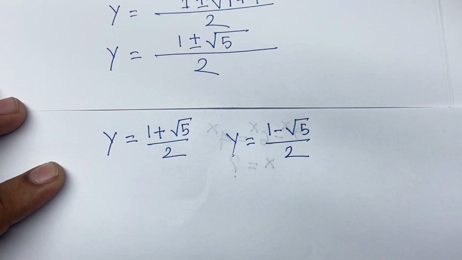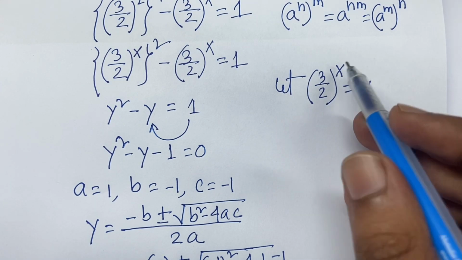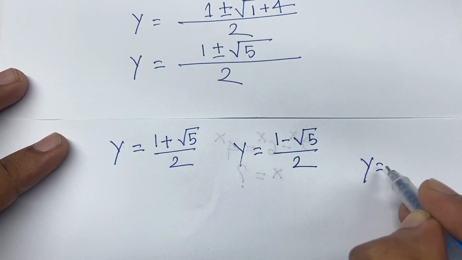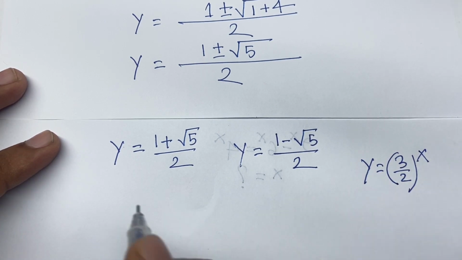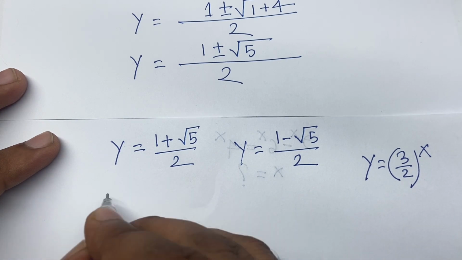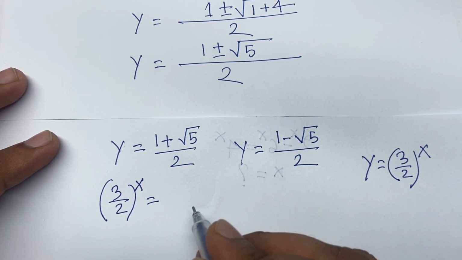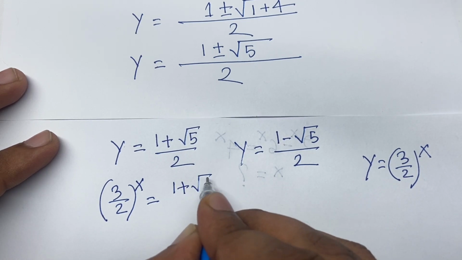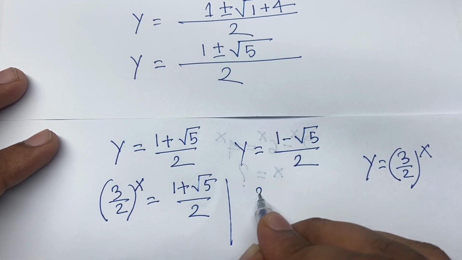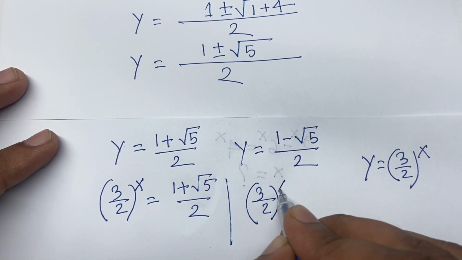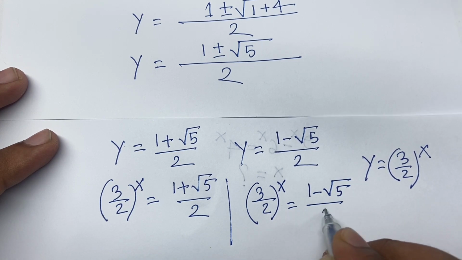Now remember that y is equal to (3 over 2)^x. So (3 over 2)^x is equal to (1 plus square root 5) over 2, and (3 over 2)^x is equal to (1 minus square root 5) over 2.